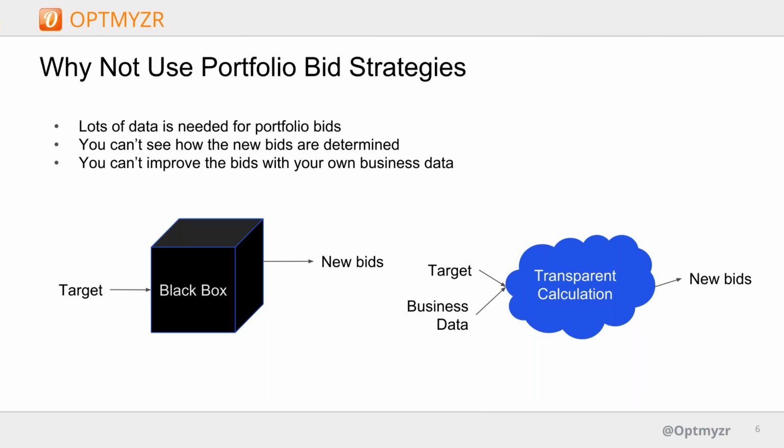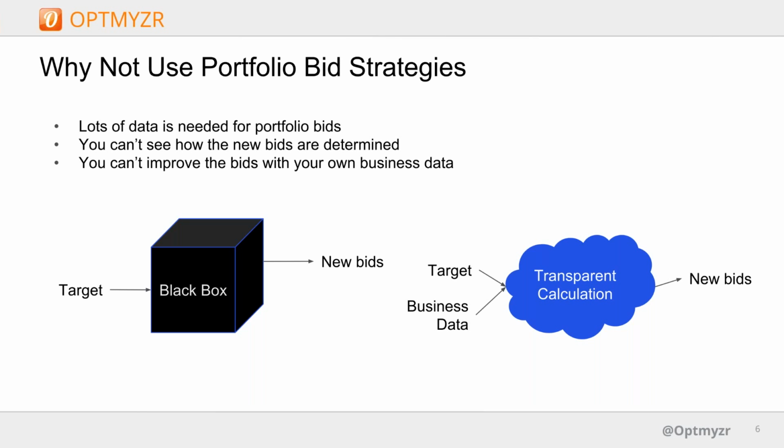And that's what you see in the blue cloud on the right side. So what we have at Optmyzr is a transparent calculation. In this transparent calculation, you know how we're deriving the new bids. And if you find that we should have been looking at more data, maybe something unique to your business, you can actually bring in your business data and use that on top of everything else to come out with new, better bids.